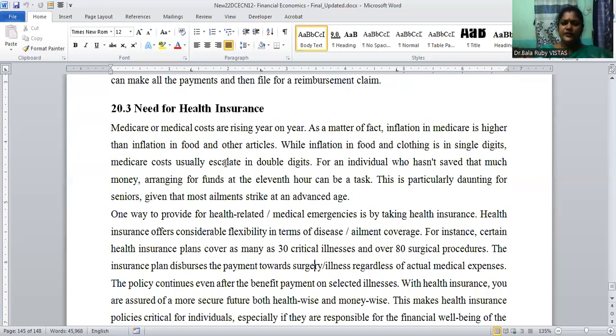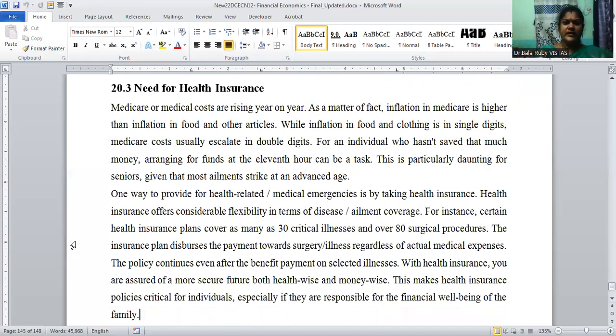While inflation in food and clothing is in single digits, medical costs usually escalate in double digits. For an individual who has not saved that much money, arranging for funds at the 11th hour can be a task. This is particularly true for seniors, given that most ailments strike at an advanced age.